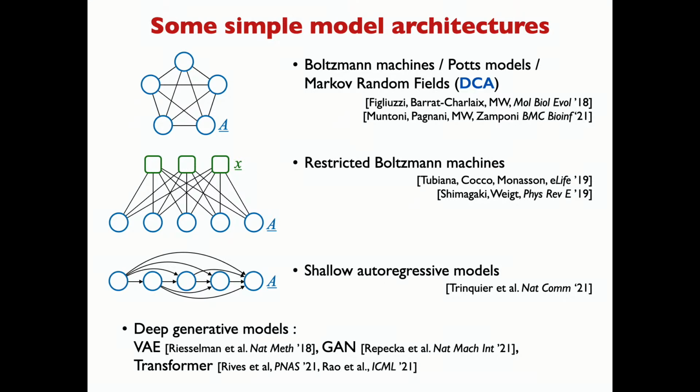There are deep generative models which are used, but so far none of them is really convincing in the sense that they outperform very simple models. This is probably due to the fact that for the individual families, data are still relatively limited. So you have something like 1,000 sequences, and very complicated models don't perform better than simple models. Maybe in the biggest families there is a slight tendency that they work a bit better.